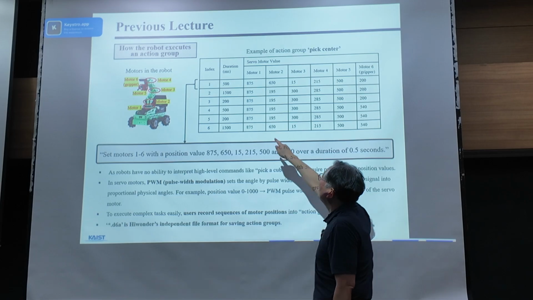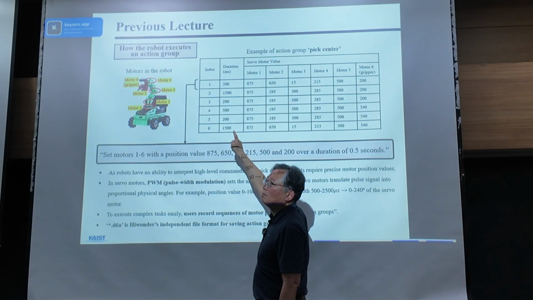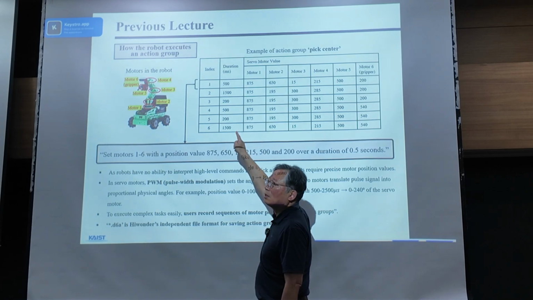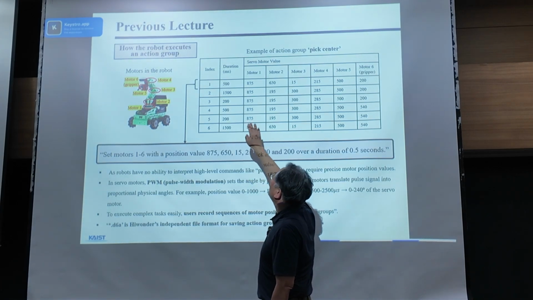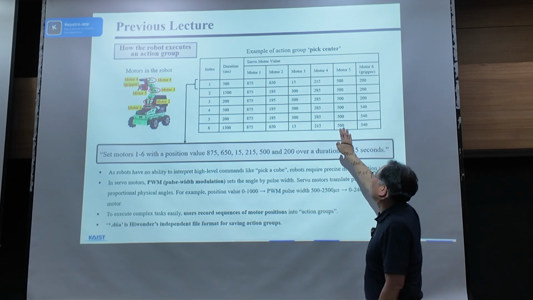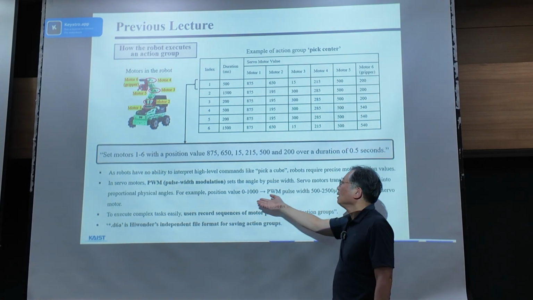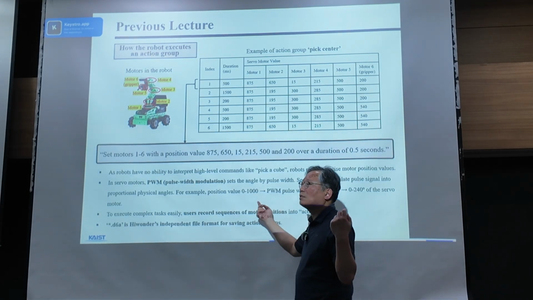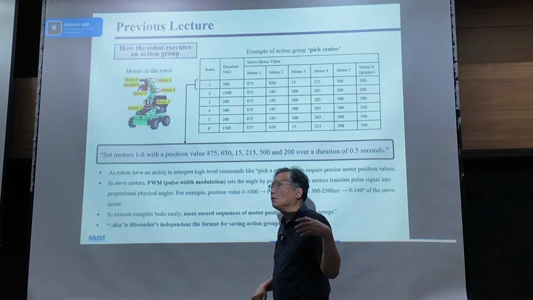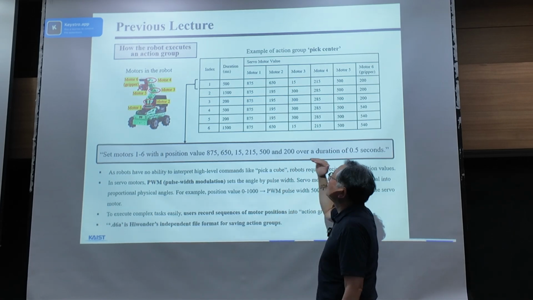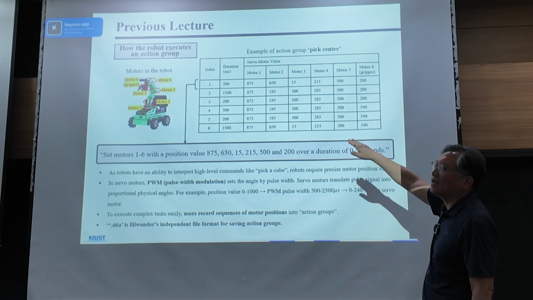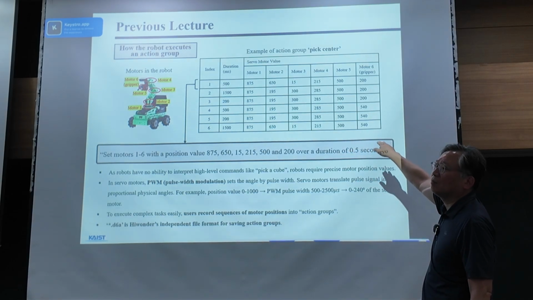And there is also a time duration. So for 500 milliseconds, motors 1, 2, 3, 4, 5 would take a positional value defined by 0 to 1,000. And then for the next 1,500, they're going to take a different positional value.